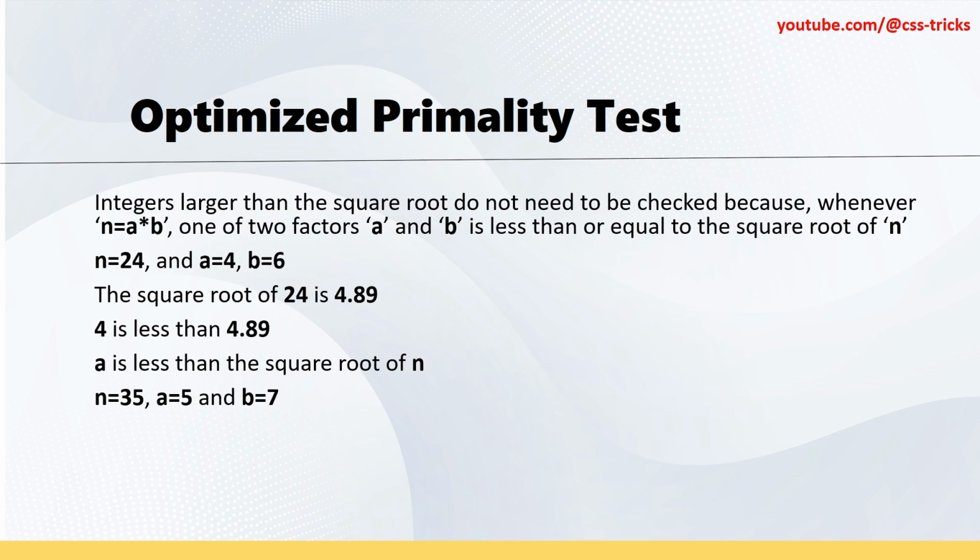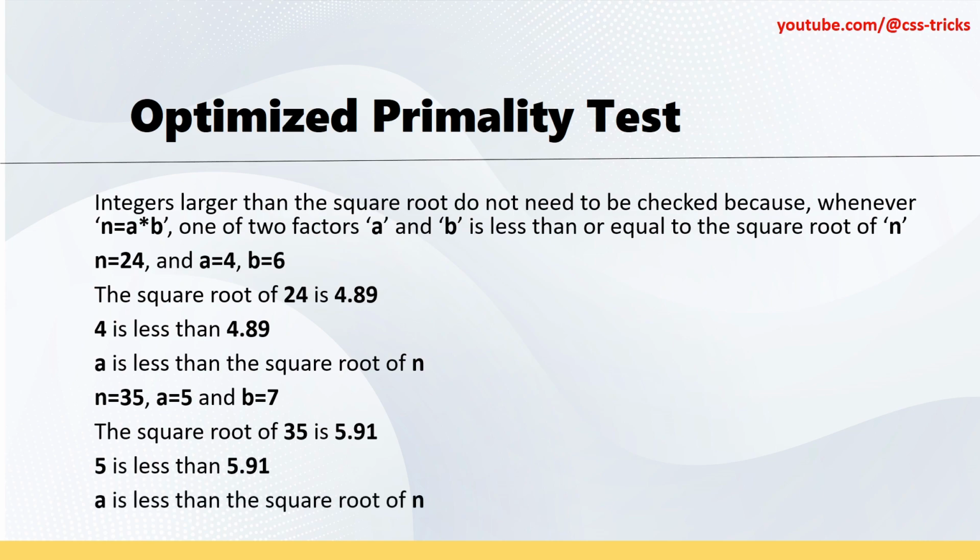The square root of 35 is 5.91. 5 is less than 5.91. So a is less than the square root of n. As you can see, if a number is composite, that is not prime, you will find a divisor less than or equal to the square root of that number.